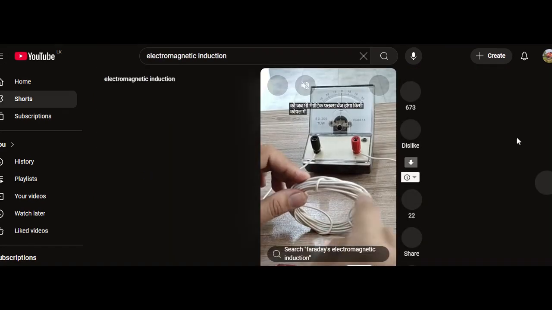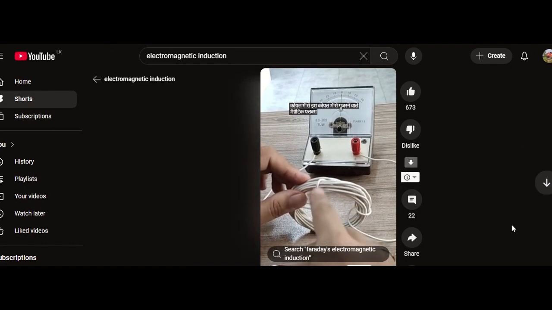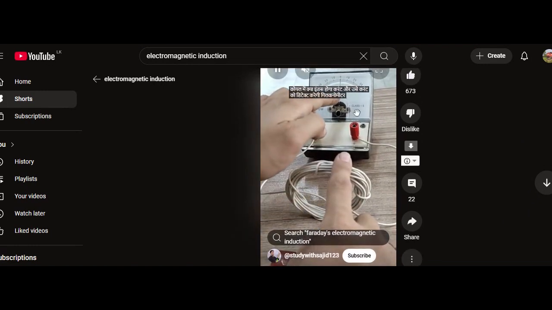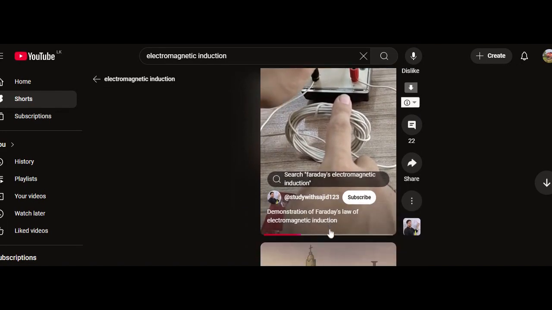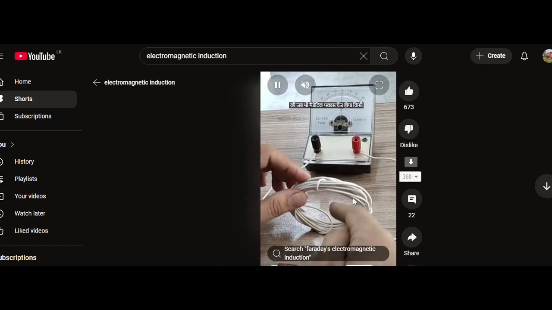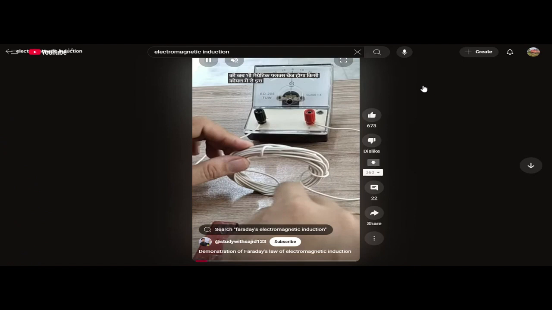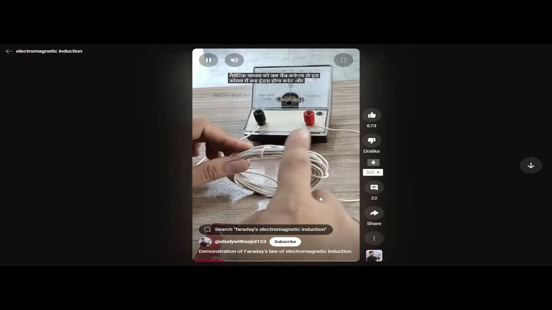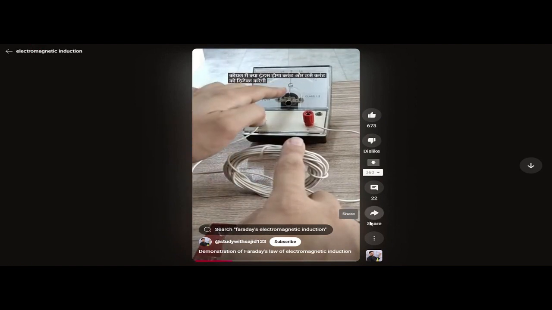There's a coil, a current carrying coil, and let's say it is connected to a galvanometer. A galvanometer is like an ammeter. Just observe.